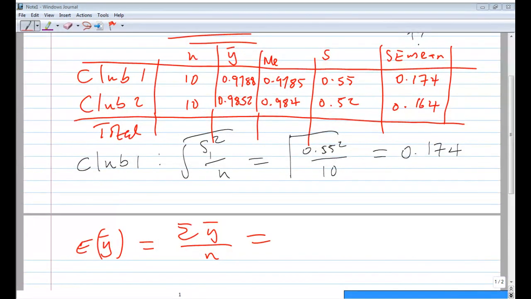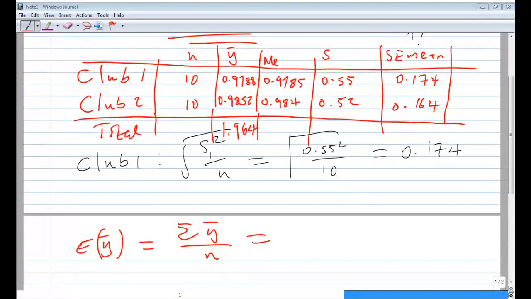You add the two values of club 1 and club 2. What is the total for those two means? 1.964. Yes, very good.